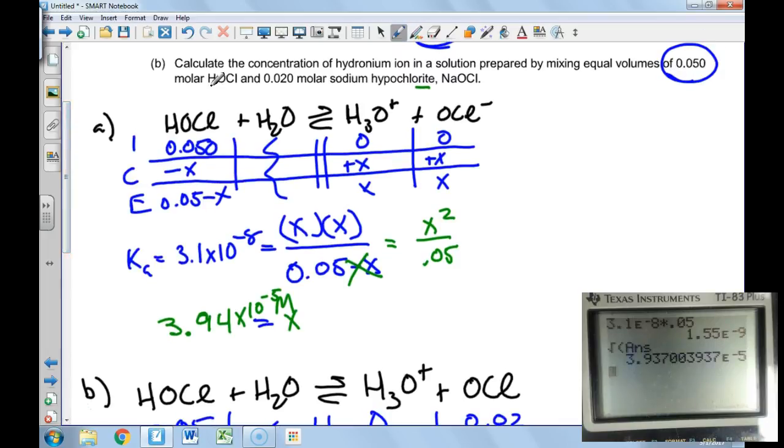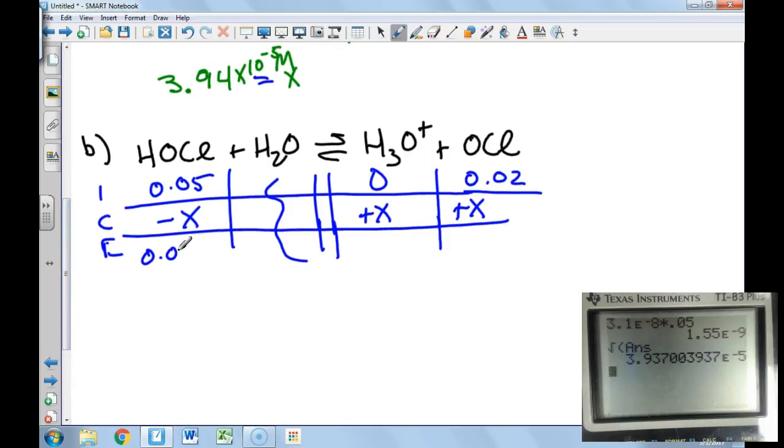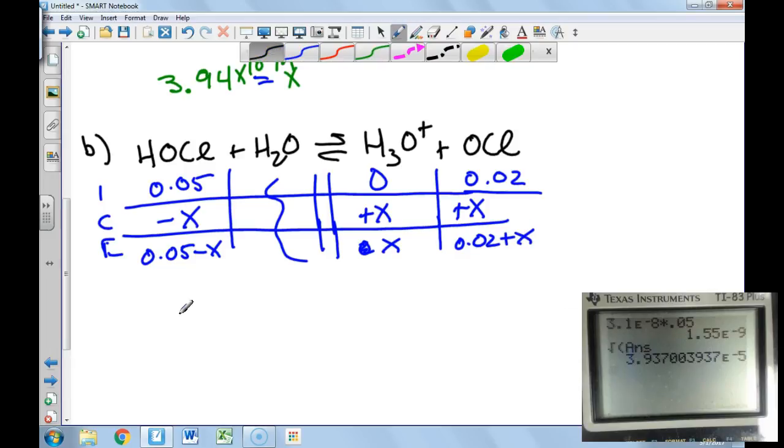So this is 0.05, that's this guy, and this is 0.02, so that's this. Okay, so now we're going to go minus X. Remember, the reactants are used up. And this is plus X, so that gives us 0.05 minus X and 0.02 plus X.